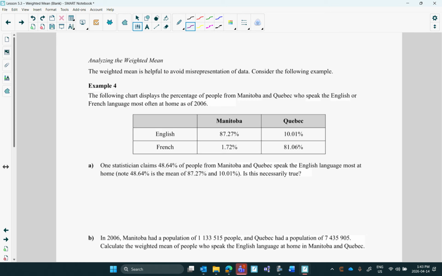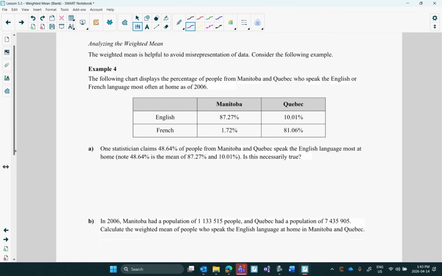So here we have a chart of people from Manitoba and Quebec, which are really the two provinces where French is spoken. Well, I mean, New Brunswick also has French spoken there and in other places too. But Manitoba and definitely Quebec, right? And Manitoba has a decent sized French speaking population.